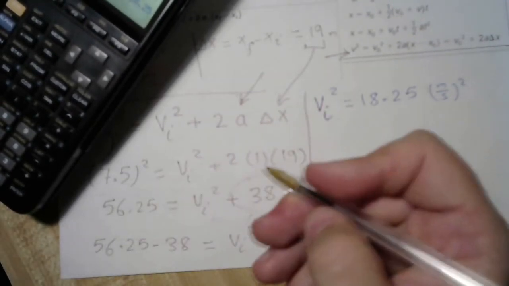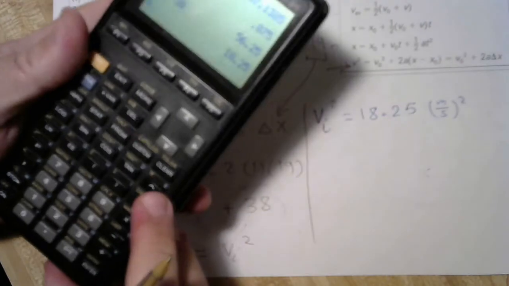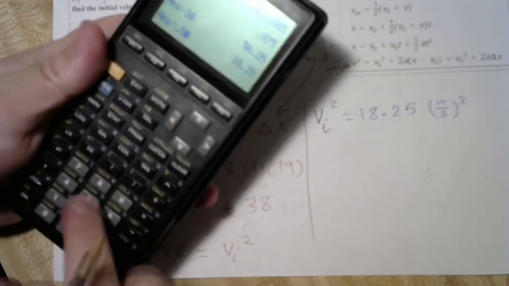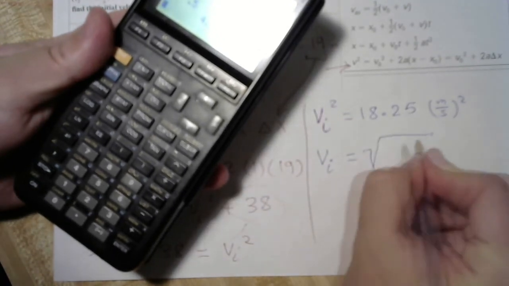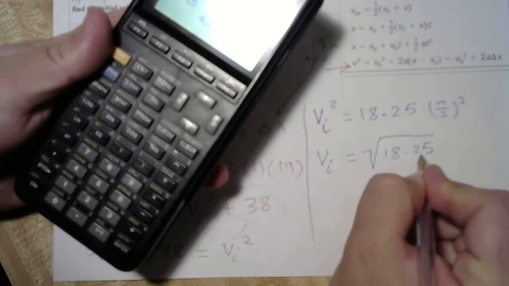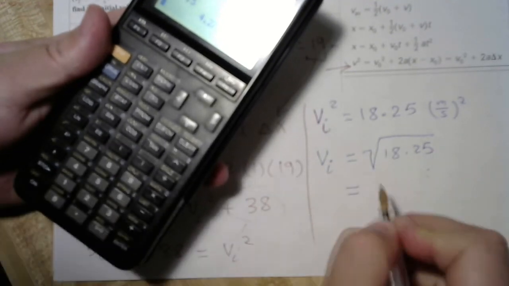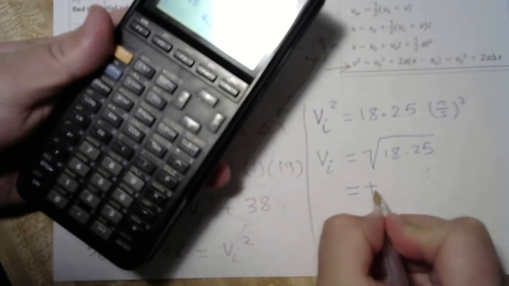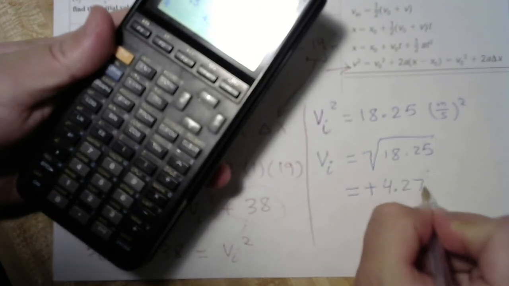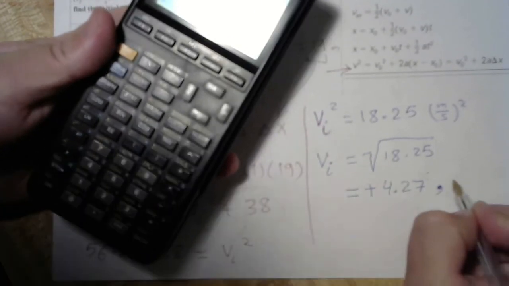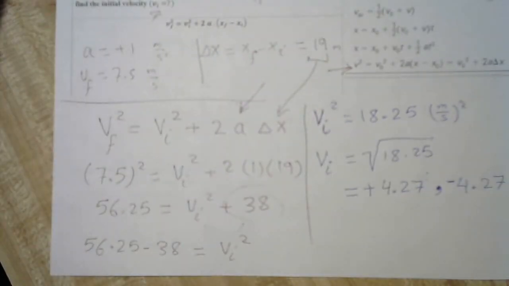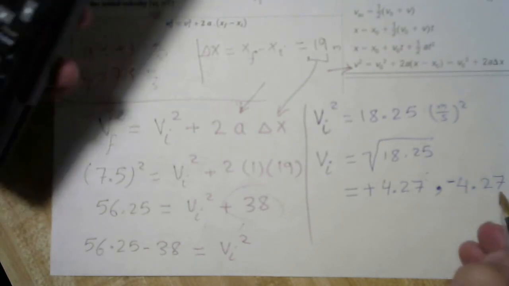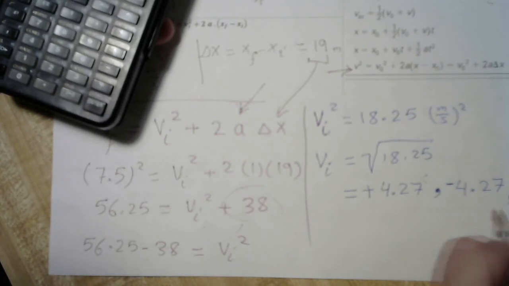Now I need v initial, so I have to take the square root of 18.25, which is equal to two values, plus 4.27 and minus 4.27. Okay, of course meters per second.